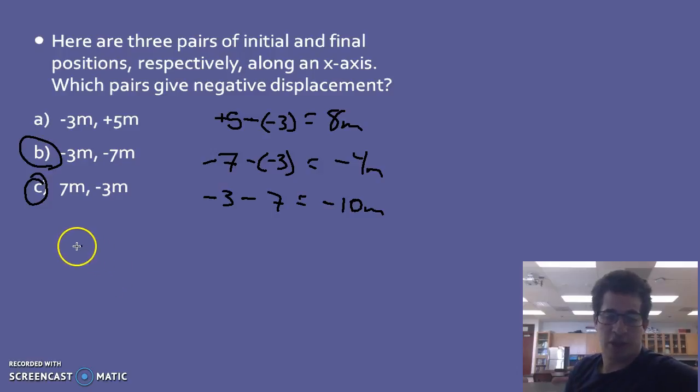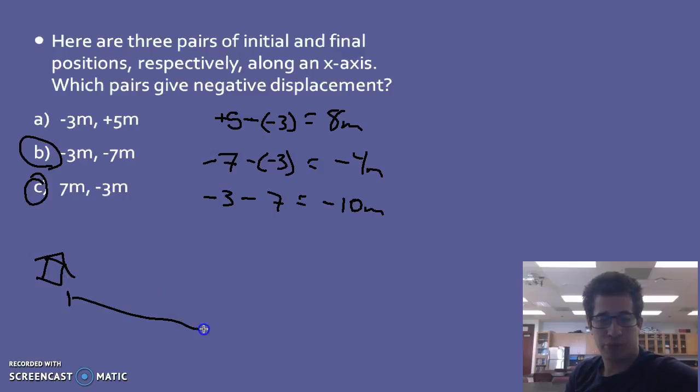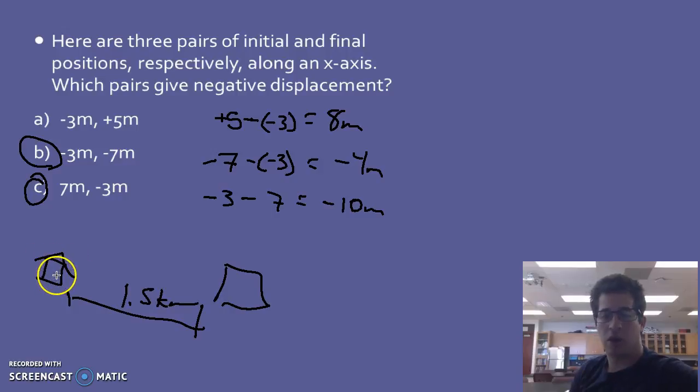Okay, so for the last scenario we're going to look at, let's say that you start at your house. Let's say you go to school a distance of, we'll say, 1.5 kilometers away. And let's say you go to school in the morning, and after school you come back home.